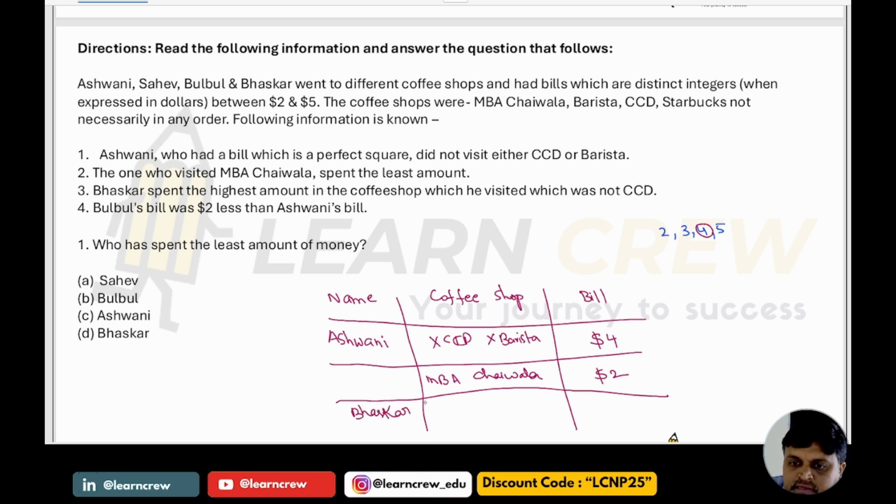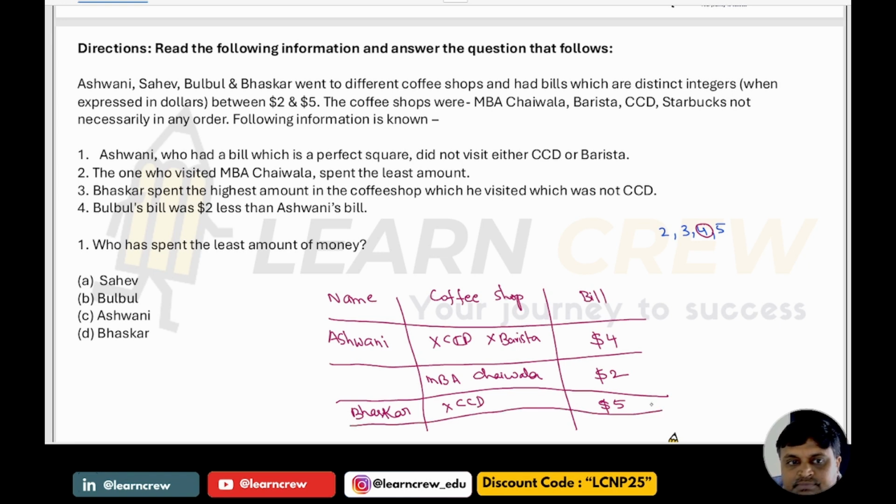Out of these four, the highest amount is 5. So Bhaskar spent $5. And MBA Chaiwala is fixed. Now the remaining are CCD, Barista and Starbucks. It is given that Bhaskar has not visited CCD. It is not CCD.